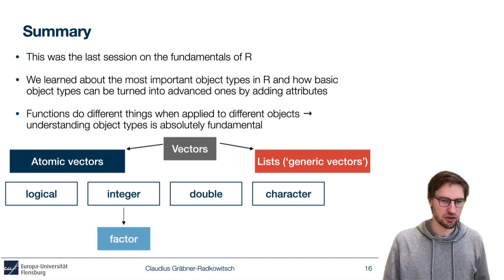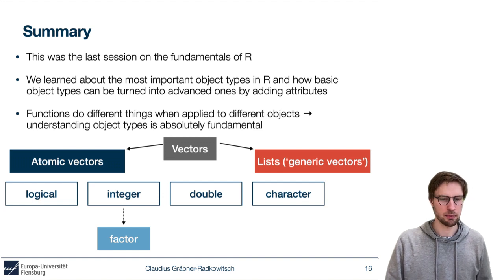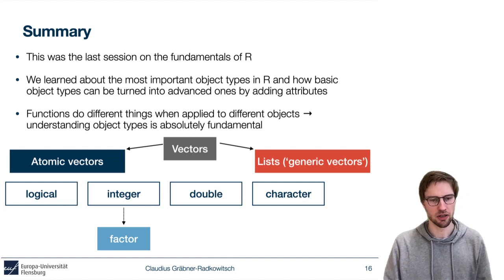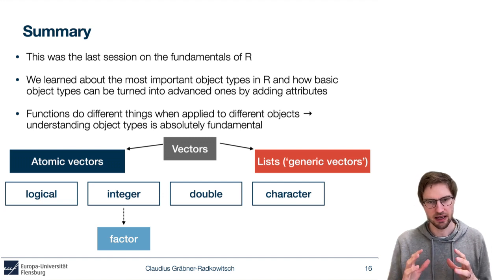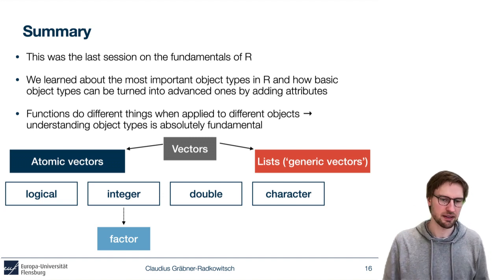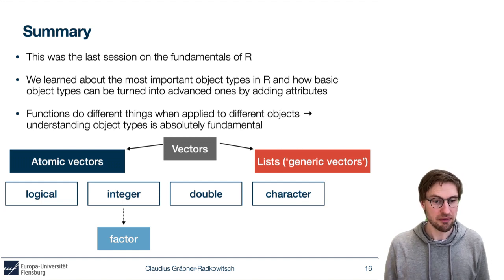Today we encountered the factor as an extension of the integer that we can use to encode ordinal or categorical data. So it's good for situations where you have data that can take only a number of pre-specified values that we call levels.